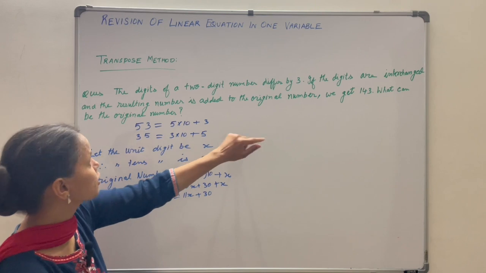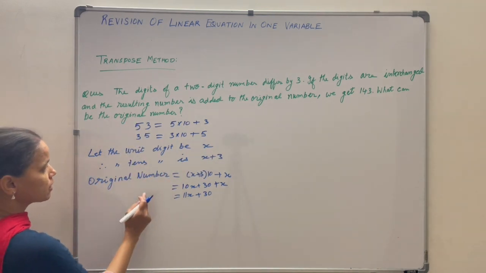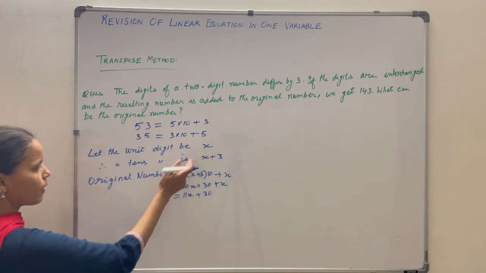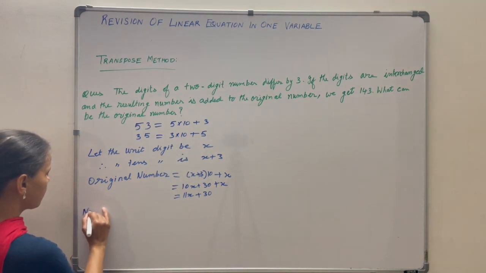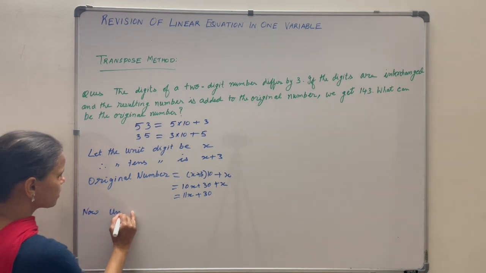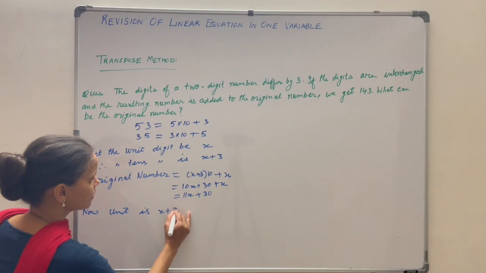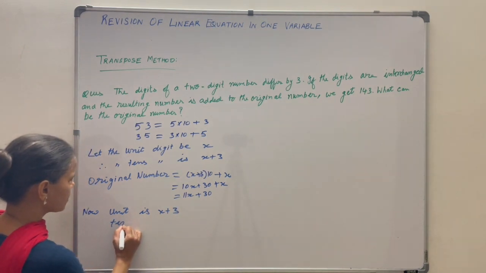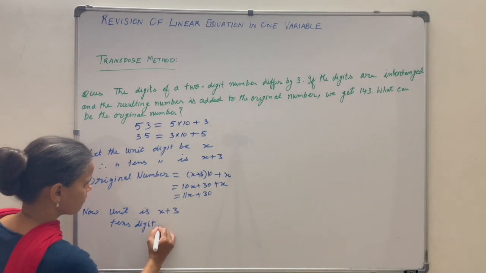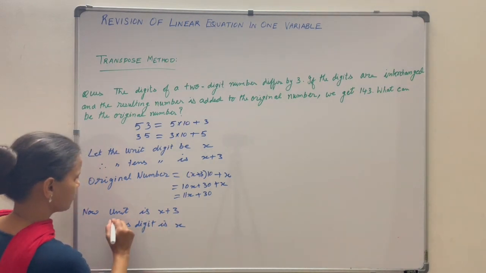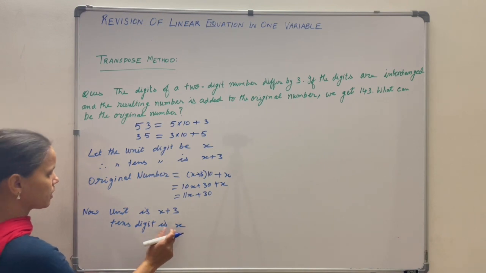Now it says if the digits are interchanged. So let us interchange the digits. That means we are going to swap these two digits. Now the unit digit is x plus 3 and the tens digit is x.